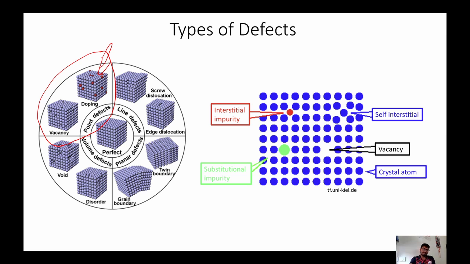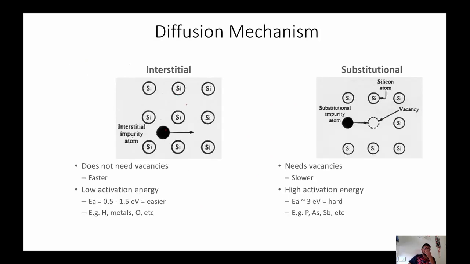There are interstitial impurity, substitutional impurity, and vacancies, and these are important. Substitutional impurity and vacancy are correlated: whenever there is a vacancy, there is a substitutional impurity, or the substitutional impurity diffuses through the vacancy only. That we will see in the diffusion mechanism.